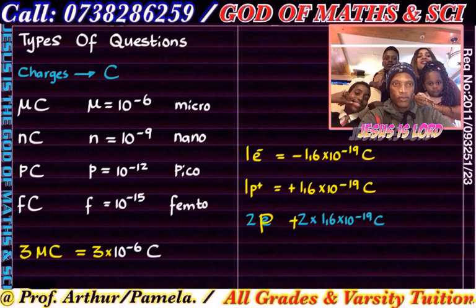Exactly the same thing. The number of protons lost or gained will be the same as the number of electrons gained or lost. So if you lose electrons, you are gaining protons. The number will be the same. If you say, I lost 10 electrons, you gained 10 protons.